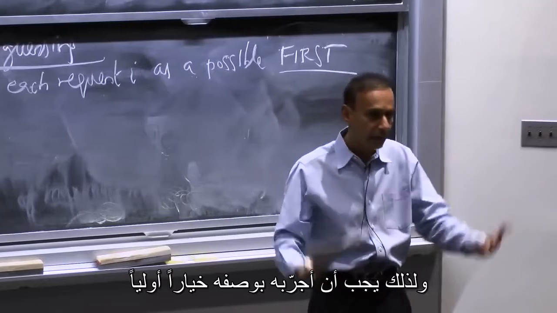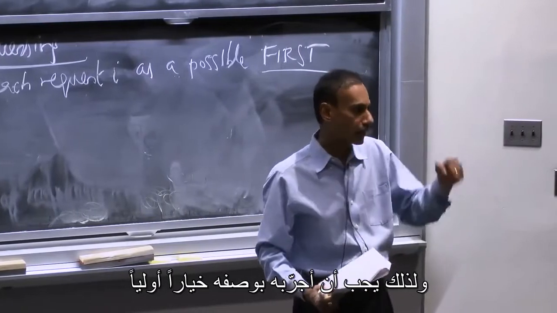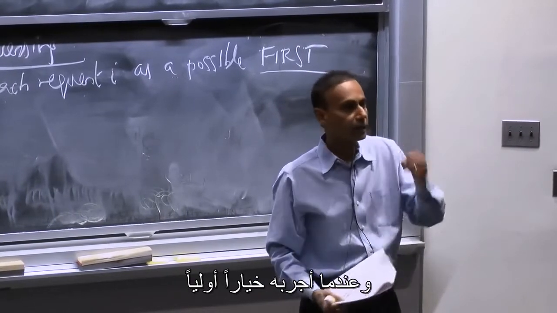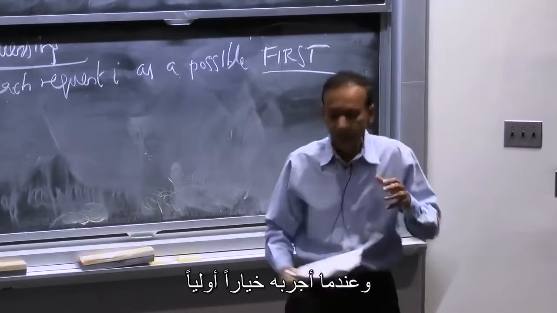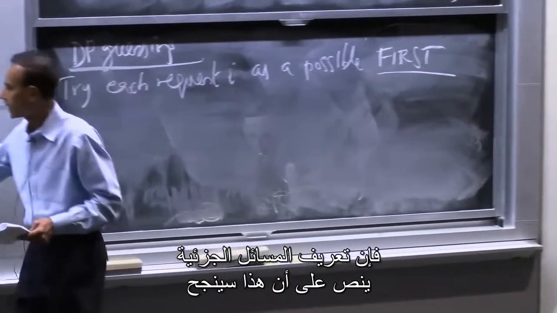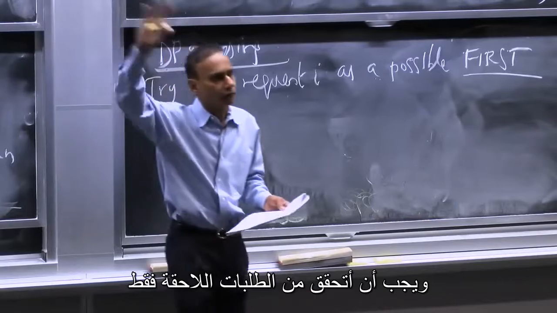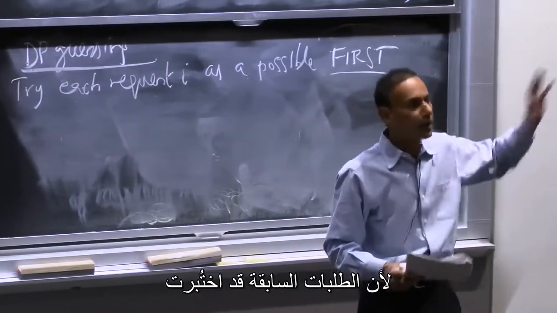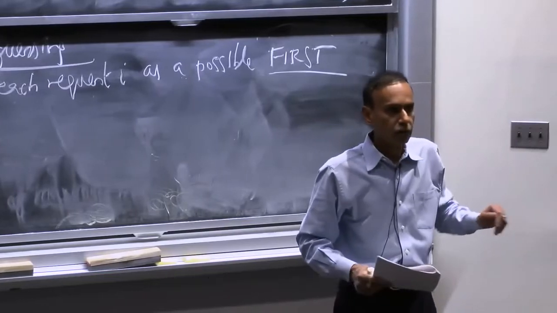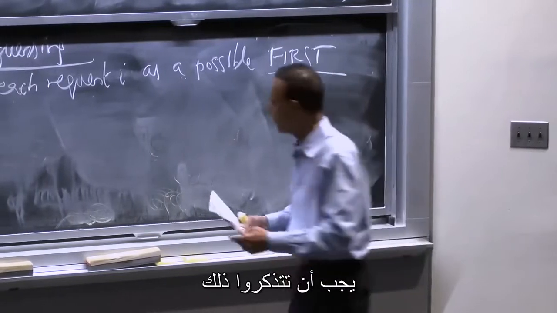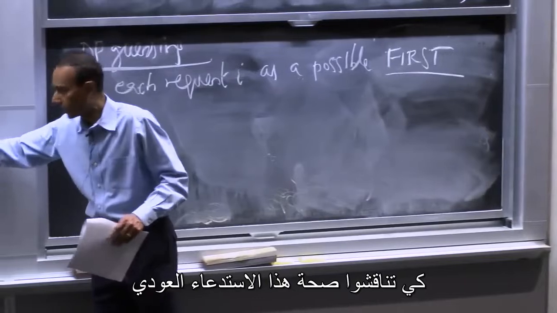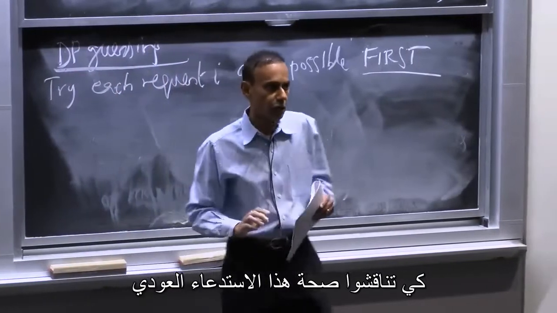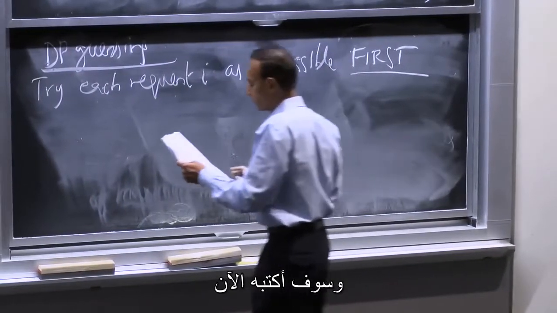And so I'm going to have to try that out as my first selection. And when I try that out as my first selection, then the definition of my subproblem says that this will work. I only have to look at requests that come later than that. Because the ones that came earlier, I've tried them out too. Okay? So that's something that you need to keep in mind in order to argue correctness of this recursion that I'm going to write out now.